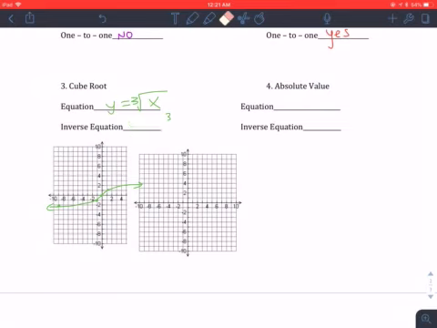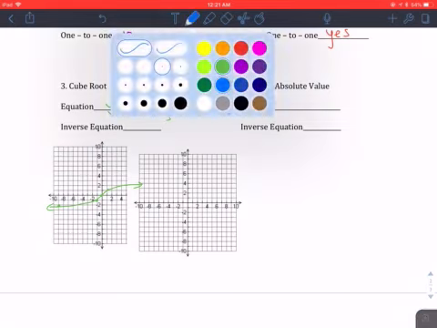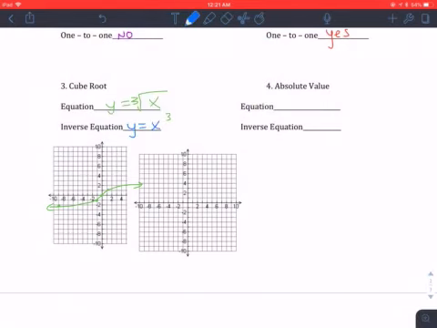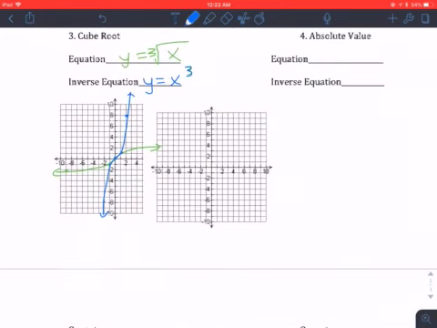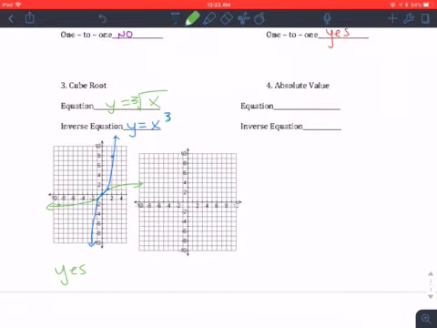Let's do that in a different color. Alright, and that's also one of our parent functions, so we know what that looks like. And the answer is yes, the original is one-to-one because it passes the horizontal line test.